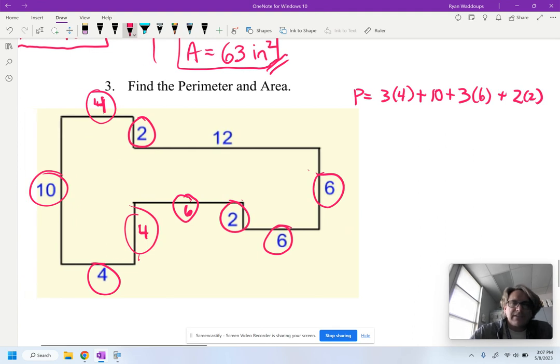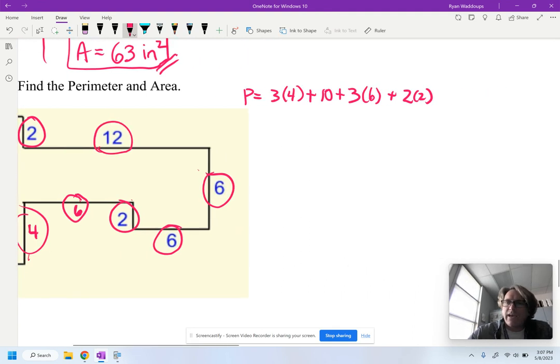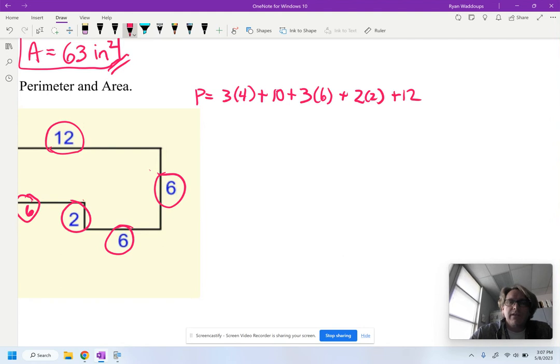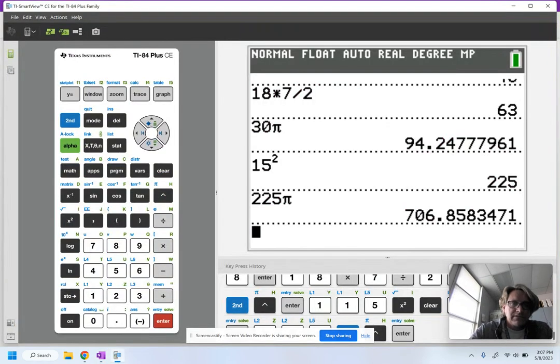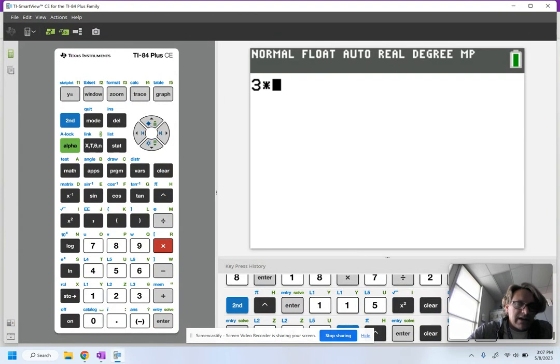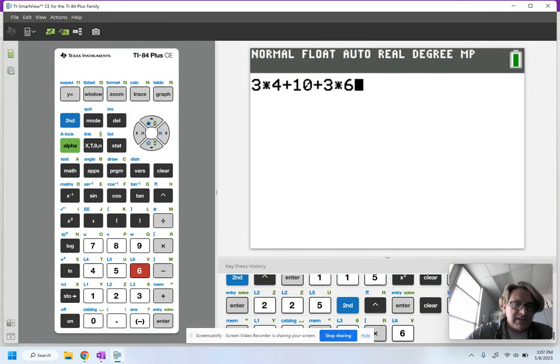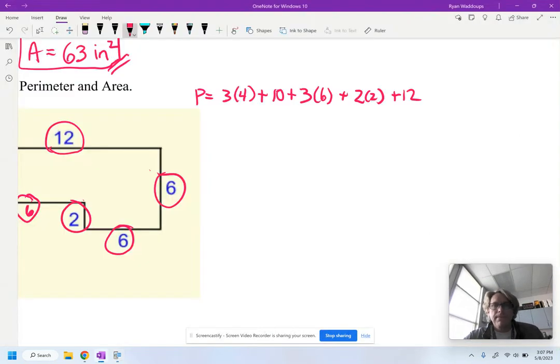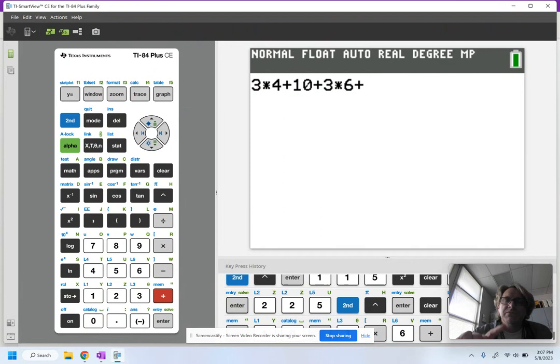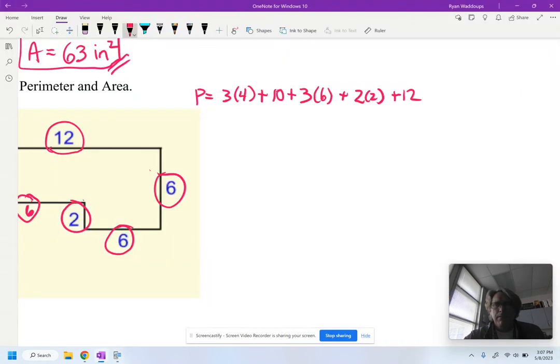And I've circled everything except for the 12. So I need to add plus 12 on the end here. Then I'm going to type all that in my calculator. 3 times 4 plus 10 plus 3 times 6 plus 2 times 2, plus the 12 on the end.